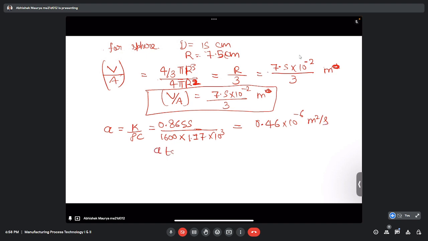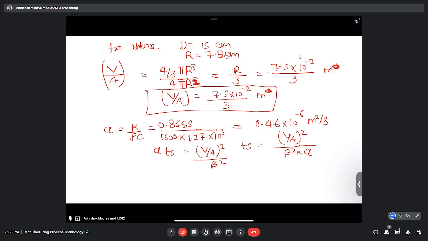Alpha times solidification time equals v by a to the whole square divided by beta square, or Ts equals v by a whole square divided by beta square into alpha.